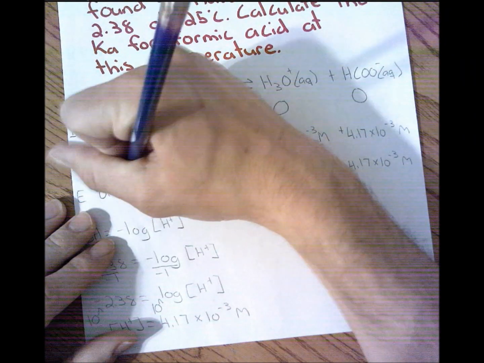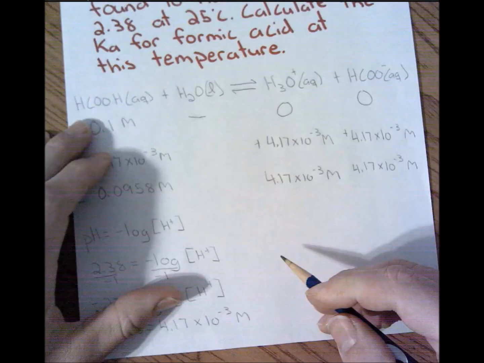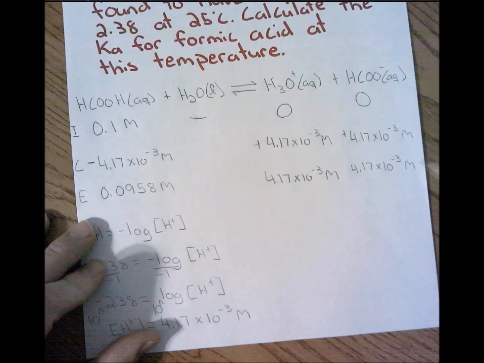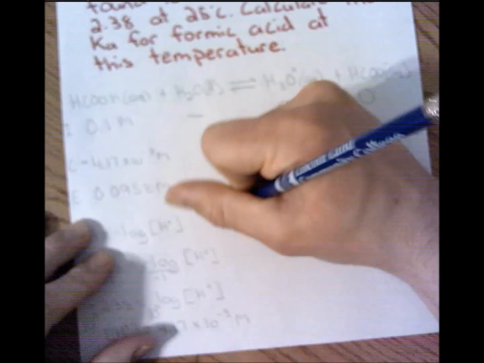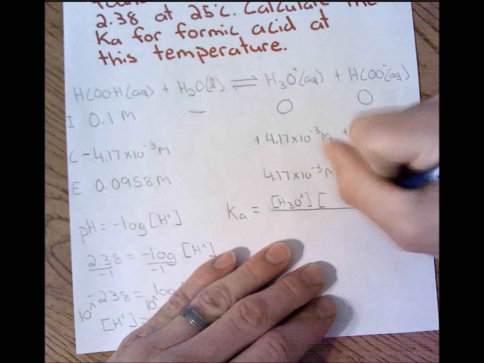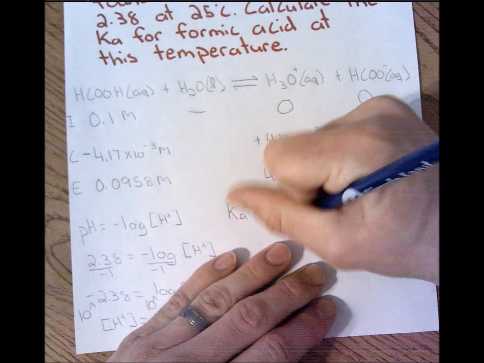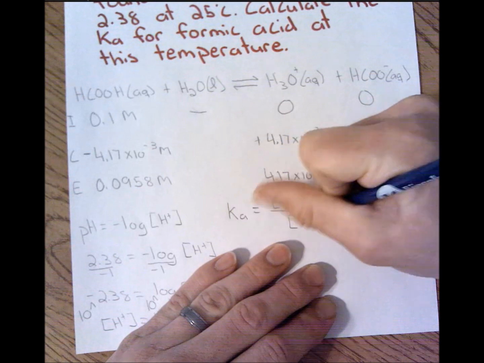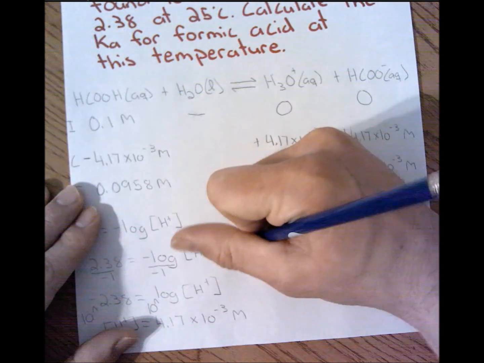Now what we can do is finally plug this into our Ka expression. To calculate Ka, I'm just going to give the generic expression, which is going to be equal to our H3O plus concentration times our formate ion, which is HCOO minus concentration, all divided by our formic acid concentration at equilibrium. So now, if we plug some values into our equation here, H3O plus was found to be 4.17 times 10 to the -3rd at equilibrium.